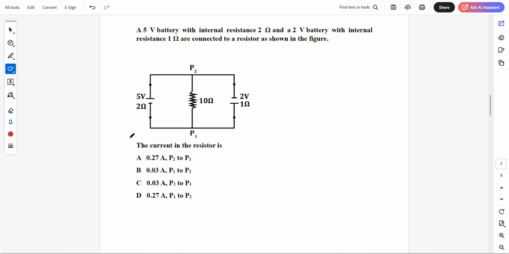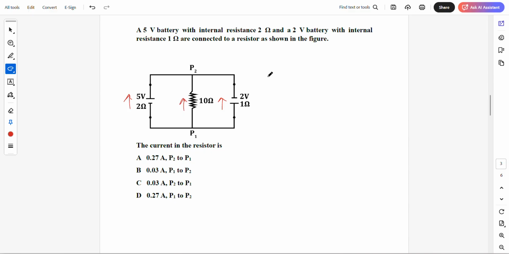Again, the same we'll do. We'll assume that the current is flowing like this. Polarity: here there is plus, so it is plus, and this one is 5 volts.